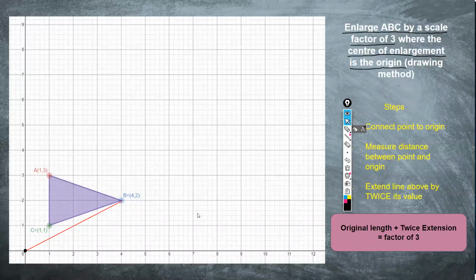I'll explain why it's 2 more times. So the first laser is 1. We continue the line. 2. And then 1 more. 3. So you see how much we got in all? The first laser you shoot is 1. And then you have to extend it by 2 more times to make it to 3.